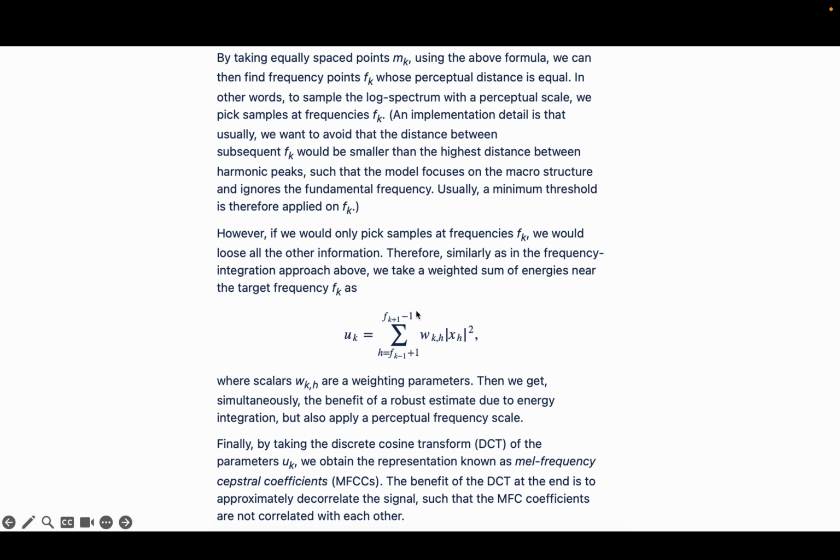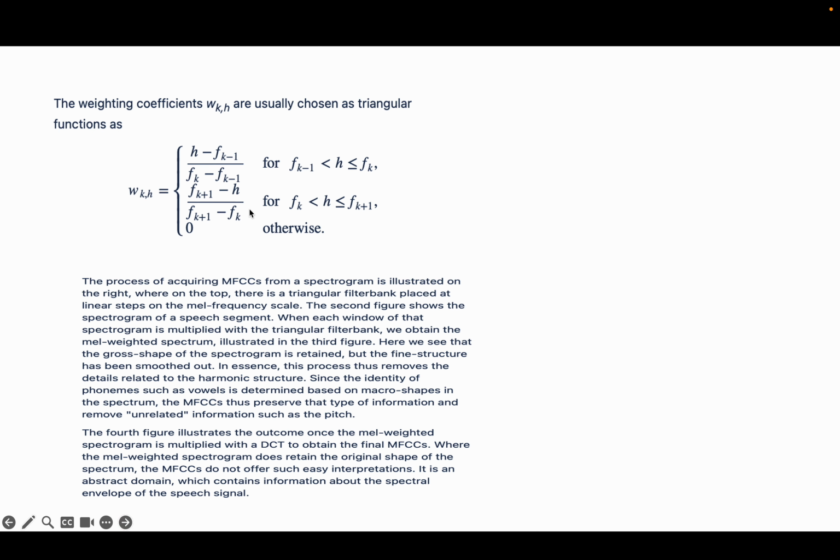So MATLAB will basically take the MEL frequency scale, and rather than using the Fourier transform, it takes the discrete cosine transform of the parameters, and the goal here is to be able to decorrelate the signal. These weighting coefficients are usually chosen as triangular functions, so it's like you're applying a triangular filter bank.